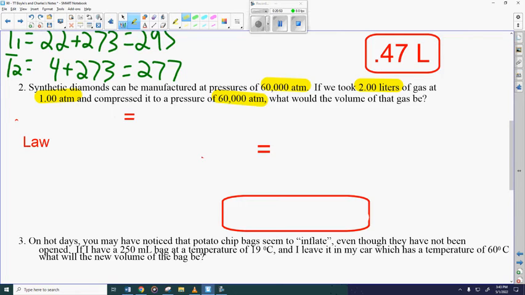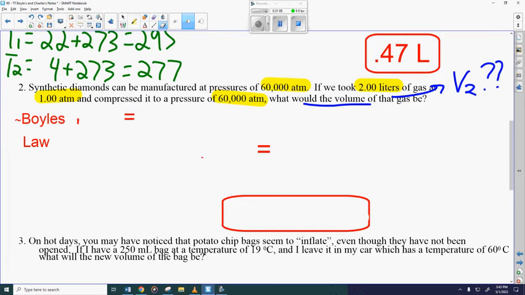Again, we're looking for what the volume would be. So we're looking for V2, the final volume. That's what we need to get. This is an example of Boyle's law, where we have that relationship between pressure and volume. So we will be using this equation right here, P1 V1 equals P2 times V2.